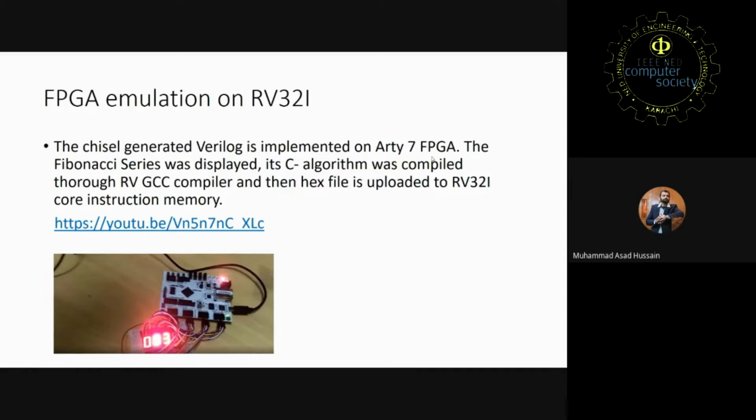The C code of the Fibonacci series algorithm is compiled through the RISC-V GCC compiler, and its hex file is uploaded to the RV32I core instruction memory. And here is the video.